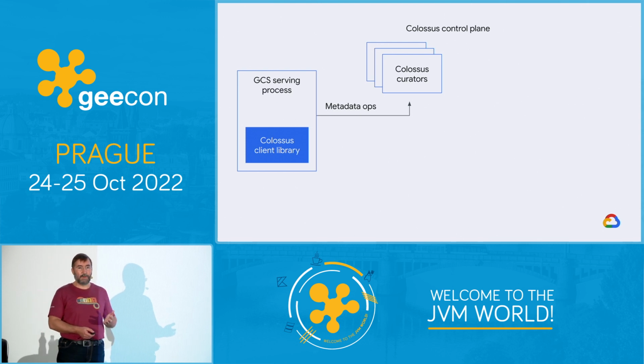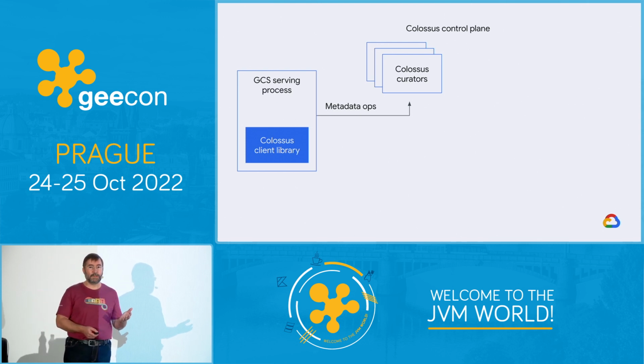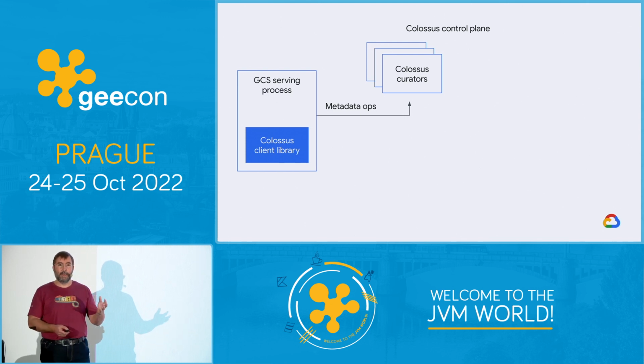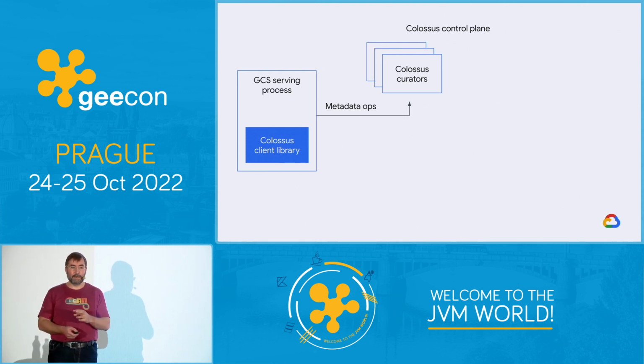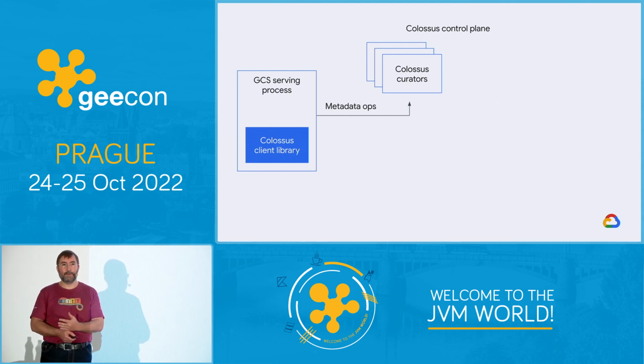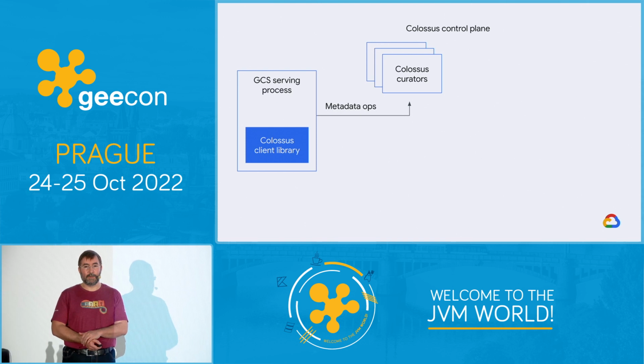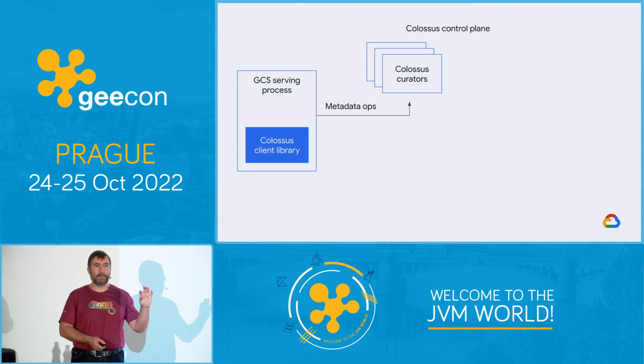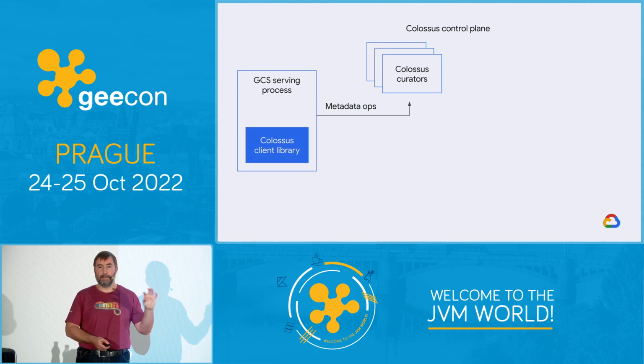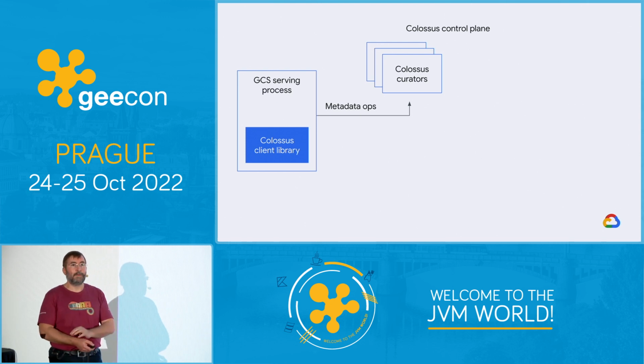So Colossus Curators are answering the calls of the clients, and if you interact with the system and you ask about the metadata, so data on data, you would be interacting only with curators, but then the curators would know nothing about the actual data flow, because that would be offloaded to a separate channel. So curators will just serve a very small amount of traffic, which is just the traffic about the data. So they are not impacted by the large amounts of data that is being stored.